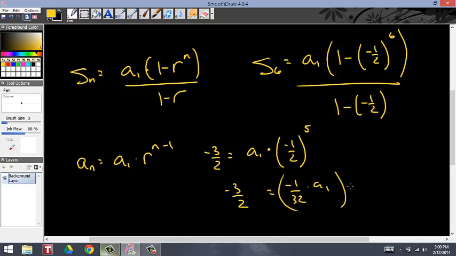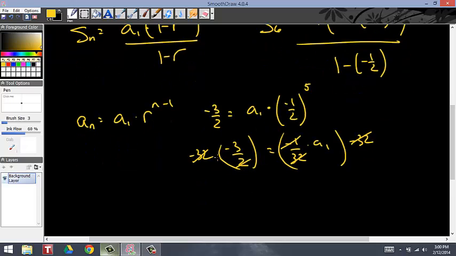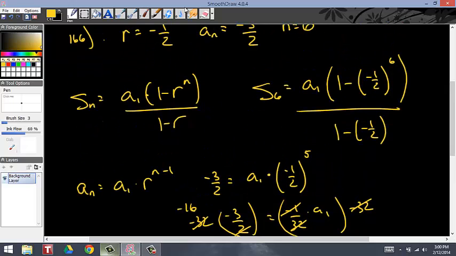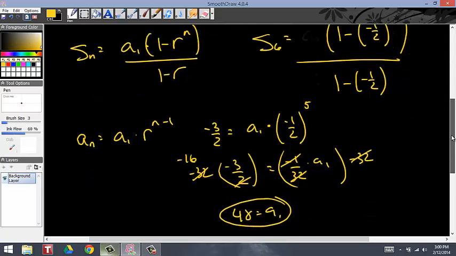I'm going to multiply everything by negative 32. That's gone, that's gone, that's gone. So this is going to become 16. 16 times 3 is 48, which is A sub 1. That is what goes here. What was it again? 48.